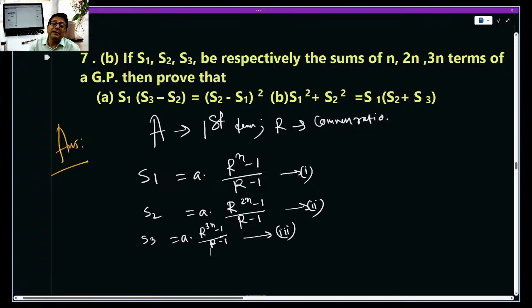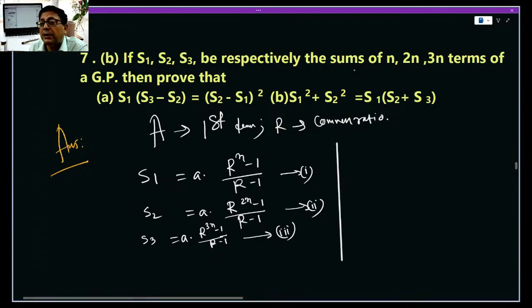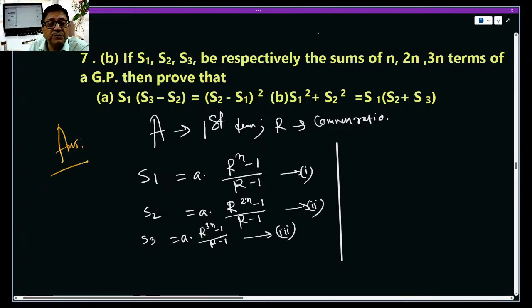You have to verify it all or substitute the values. S1, S2, S3 you put, they asked you to prove. Prove it. One of them you can prove. I am in favor of proving which one? Any one. I am doing the first one at this moment.